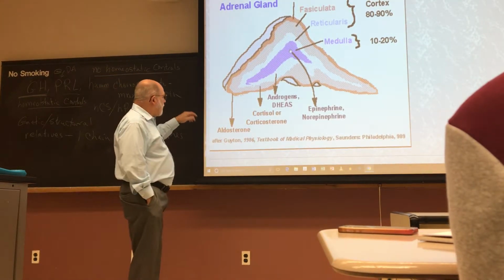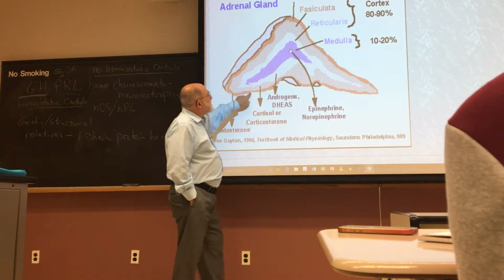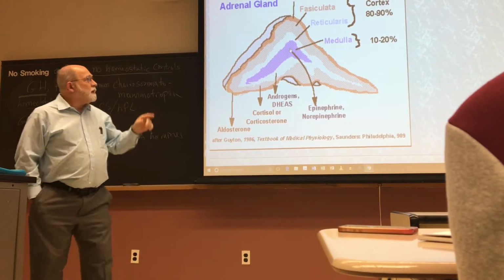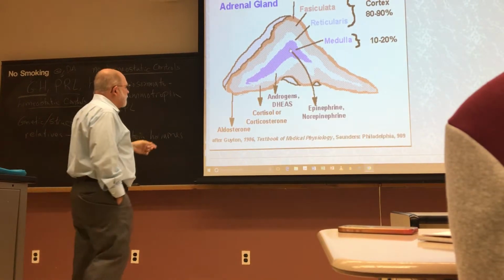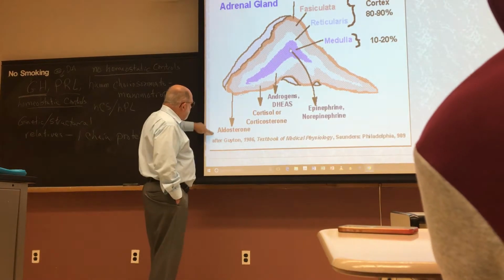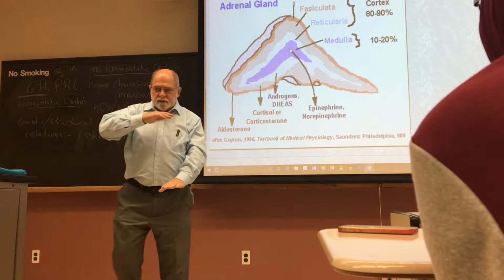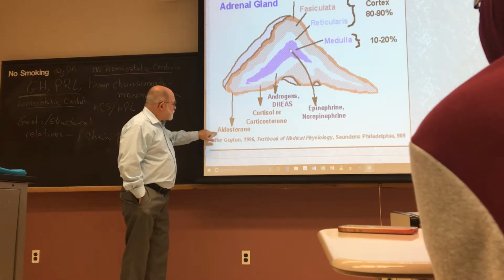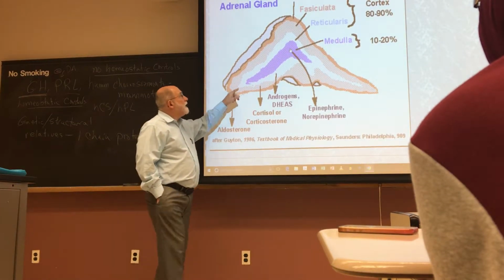Okay. And then there's this outermost layer, the glomerulosa layer. And the glomerulosa layer you can best keep in mind because the product is this aldosterone, which is kind of an end of the steroid metabolic pathway, and it affects sodium reuptake in the kidney.